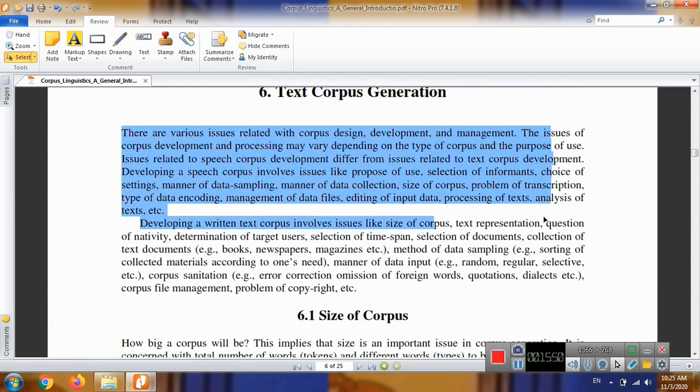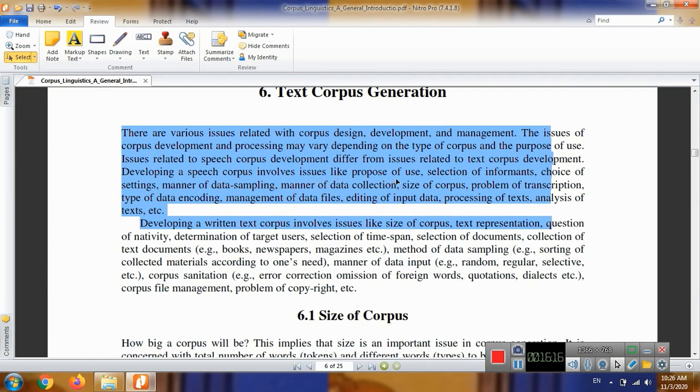There are various issues related with corpus design, development, and management. The issues of corpus development and processing may vary depending on the type of corpus and purpose of use. Issues related to speech corpus development differ from issues related to text corpus development.